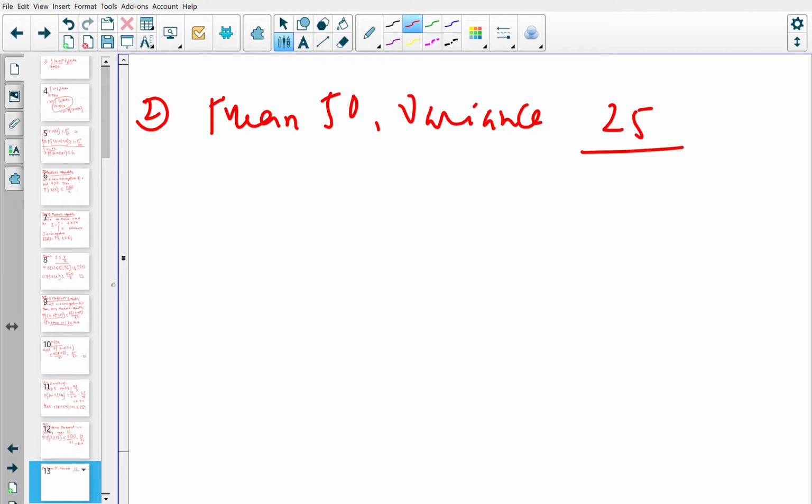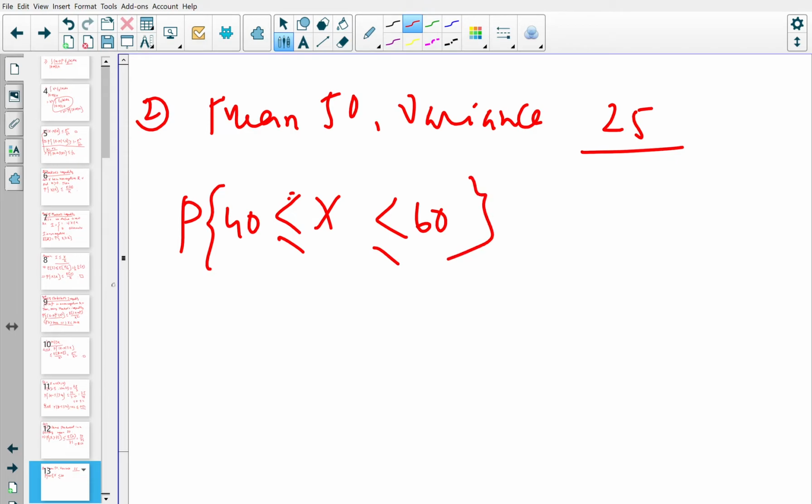Now we can use the Chebyshev inequality also, and you would like to know the probability that the weekly production will be in between 40 and 60. So you can easily apply the Chebyshev inequality in this case.